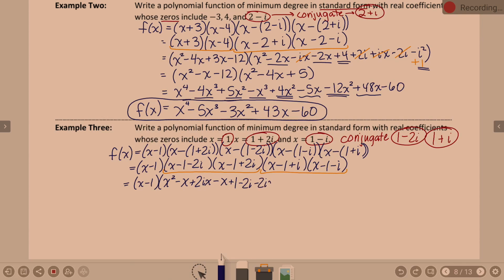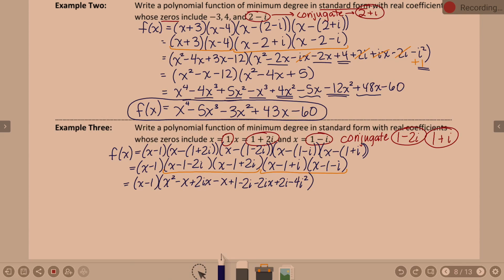Minus 2ix, plus 2i, minus 4i squared. Did I mess that up? Sorry, I feel like I messed up. No, okay. I think I'm okay. Sorry, guys.